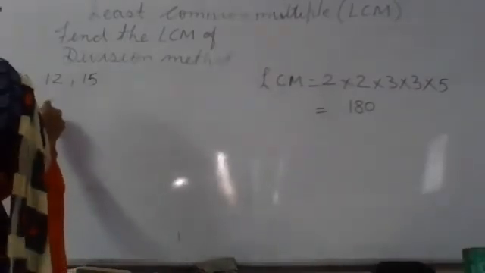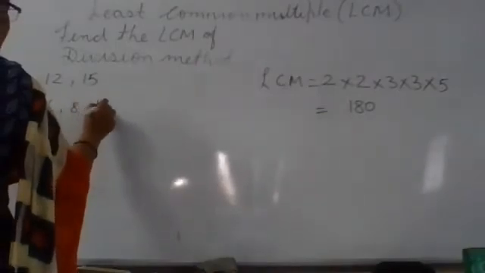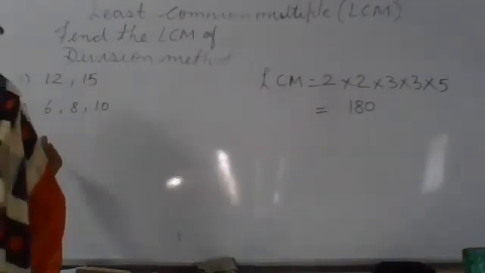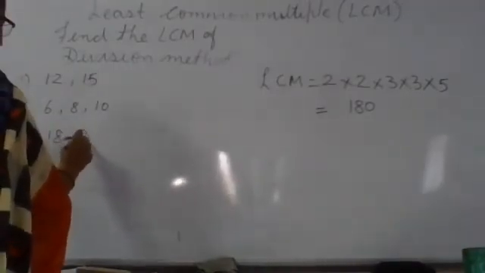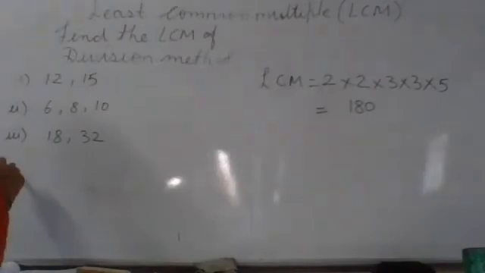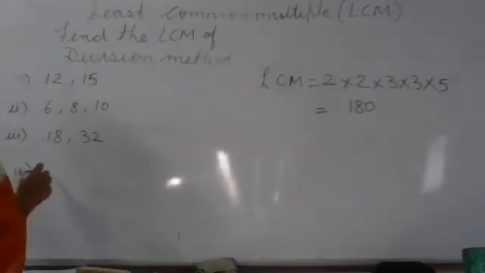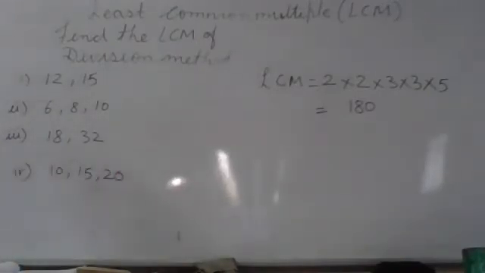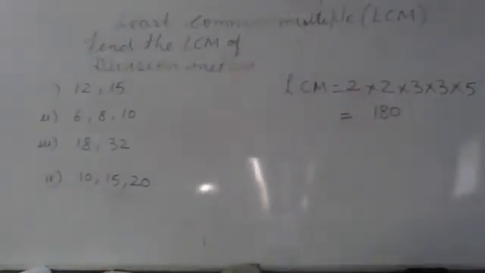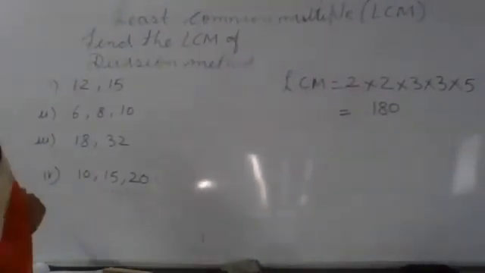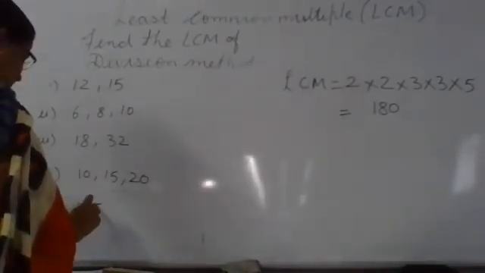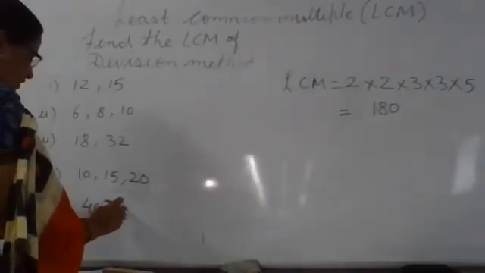Second, 6, 8 and 10. Question number 3, 18 and 32. 4 is 10, 15, 20. And question number 5 is 45 and 86.